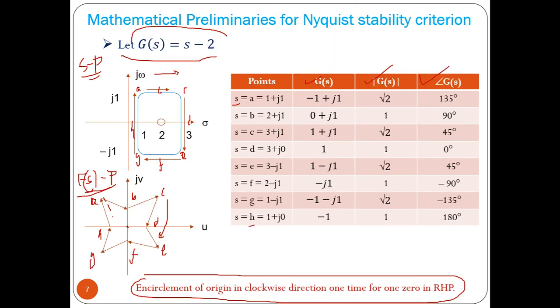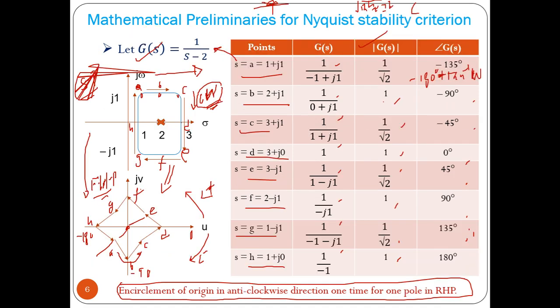If you can understand this concept, how we get one pole or one 0 in the right half plane of the S plane, and we enclose that with a closed path in the clockwise direction, then if we convert that into the FS plane, if a pole is enclosed, then the encirclement of the origin of the FS plane is in the anti-clockwise direction, one time for one pole in the right half plane.